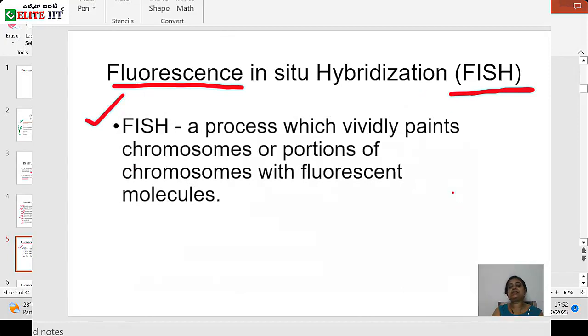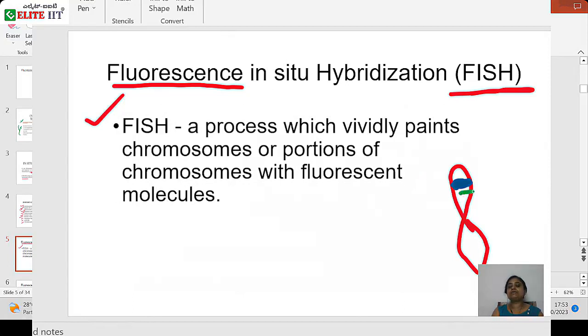In this case, we are actually coloring the chromosome. If you want to identify a nucleic acid sequence, here the localization of a DNA sequence, you add a fluorescent compound attached to the probe. Hybridization will happen.